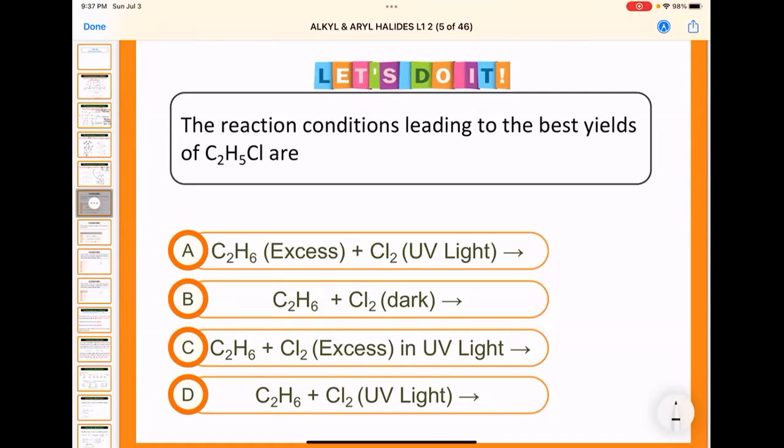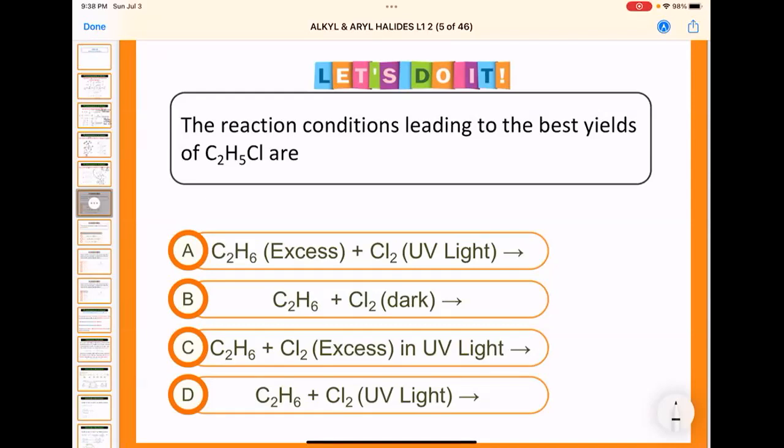The reaction condition leading to the best yields of ethyl chloride. In the dark, the reaction will not happen. So A is the right answer.